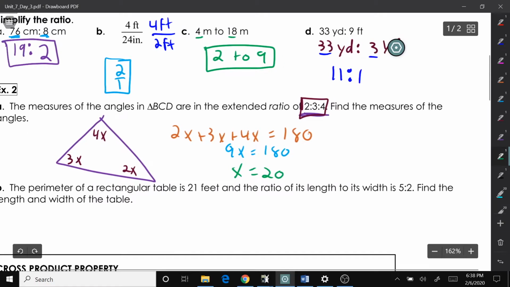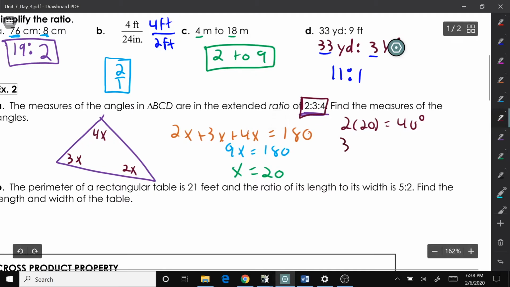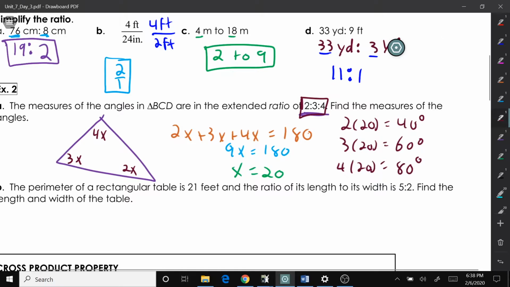So now we got to take 20 and plug it into each value because the problem asks us to find the measure of each angle. So 20 times 2 is 40 degrees. That's one angle. Another angle will be 3 times 20, which is 60 degrees. And last one will be 4 times 20, which is 80 degrees. So those are the three angle measures.